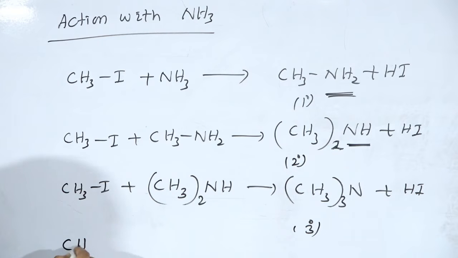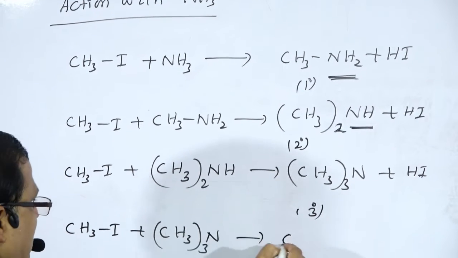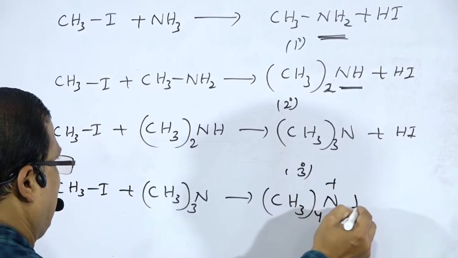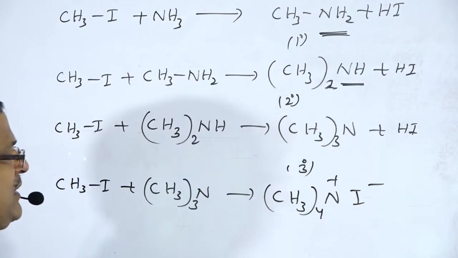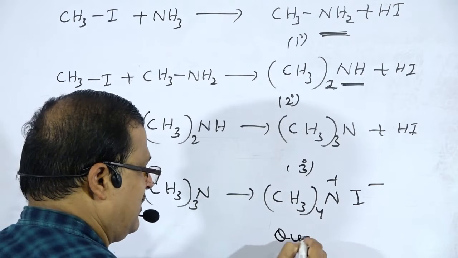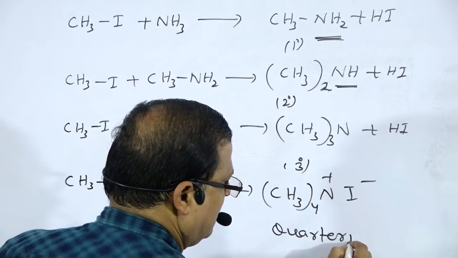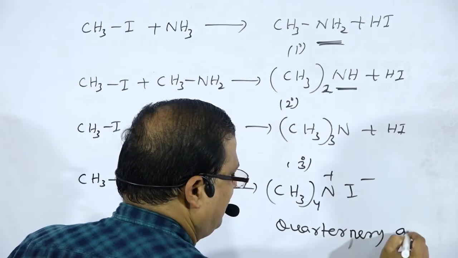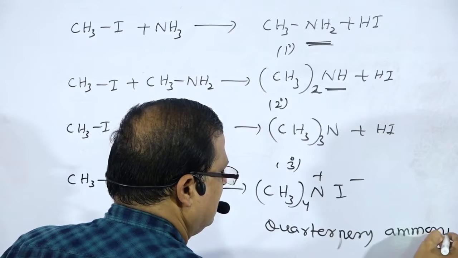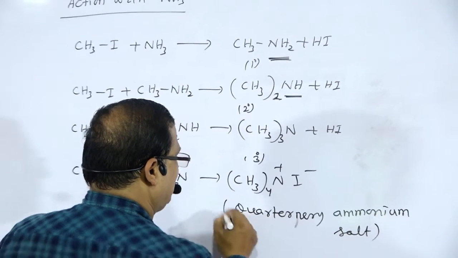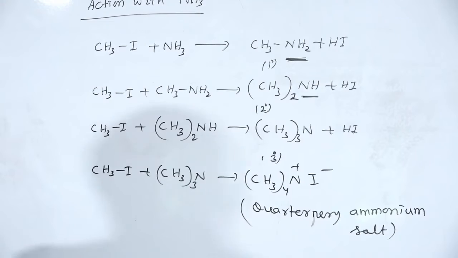Again CH3I reacts with (CH3)3N to form (CH3)4N plus I minus. There is the formation of a quaternary ammonium salt.